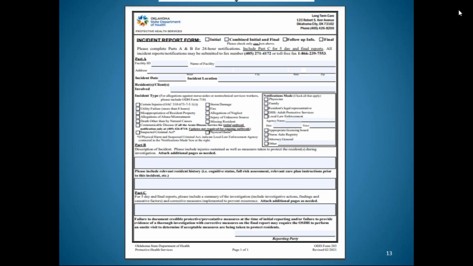You're going to find out whenever you get into the field and you're actually working, you're just going to start calling this the 283. You're going to say, did we get the 283 filled out? Can I see the 283? So if I say 283, you'll know that I'm talking about the OSDH Form 283.